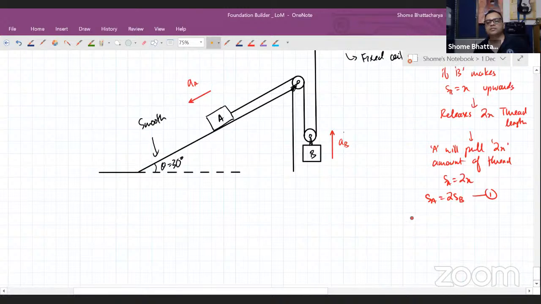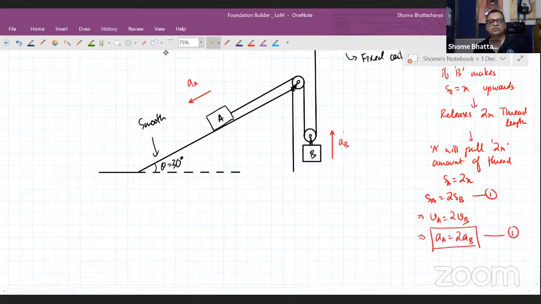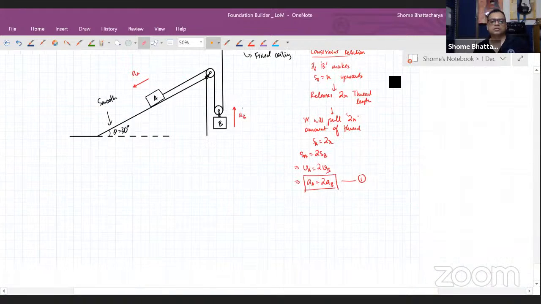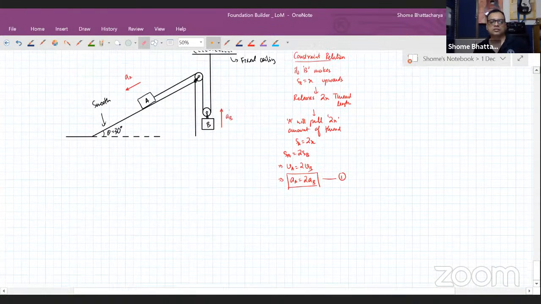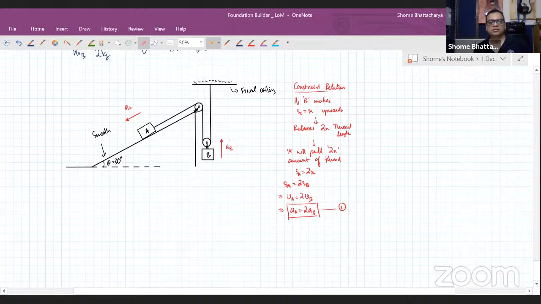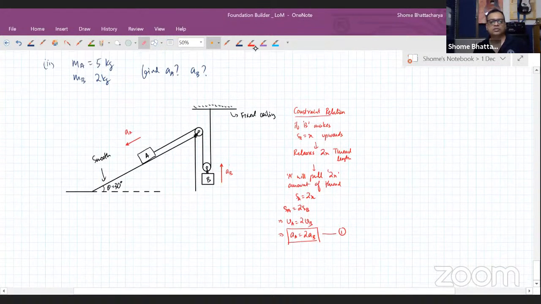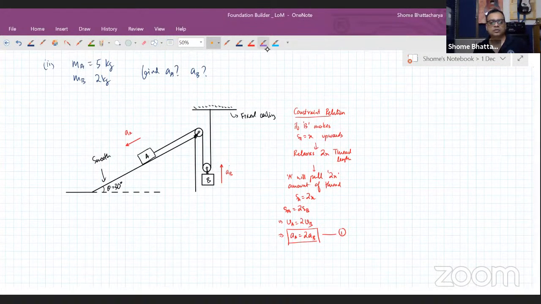Okay. So from that we get this. So this is our constraint relation, in fact. So this is the first thing we have to understand over here. Okay, rest is all free body diagram, of course.